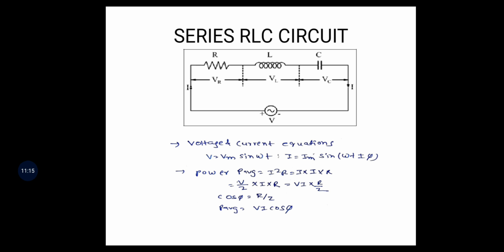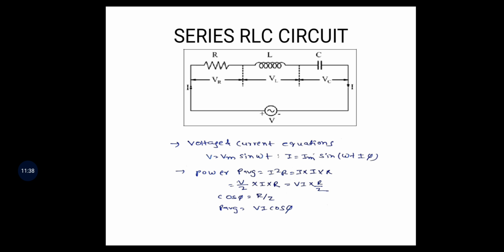Basically, we remember some points: there are 3 cases in the series RLC circuit. Here Z is equal to root of R square plus (XL minus XC) whole square. Here the phase is lagging or leading.